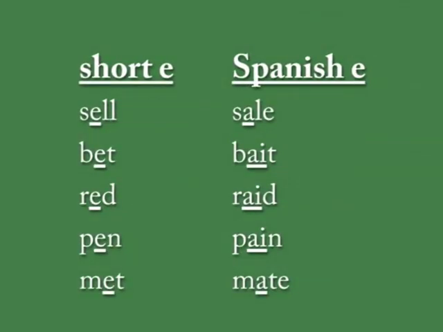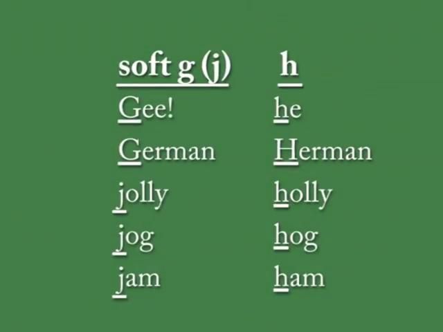Short E, Spanish E. Sell, sail, bet, bait, read, raid, pen, pain, met, mate. Soft G, j, h. G, he, German, Herman, jolly, holly, jog, hog, jam, ham.